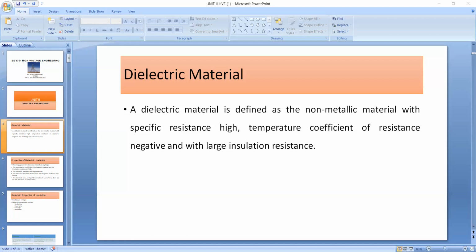Therefore, replace n as n naught and substitute x as 0. This term vanishes, and ln n naught is equal to a. Now we have the value of a.